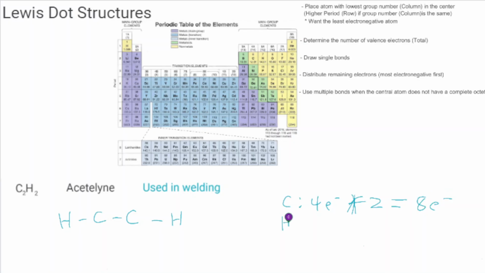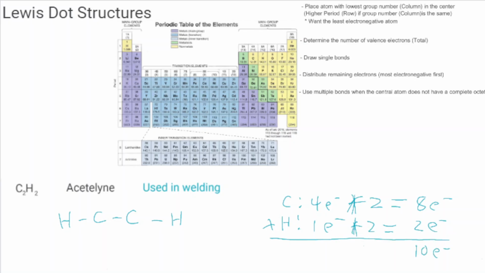For hydrogen, that only has 1 valence electron. And so we're going to multiply that by 2 since we have 2 hydrogens, giving us a total of 2 electrons for our hydrogens. We're going to add those up together, and we'll have 10 valence electrons to work with.